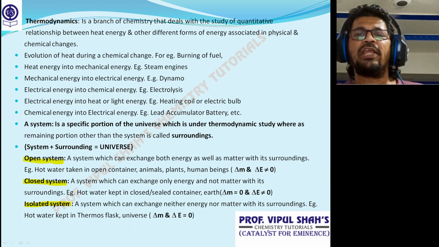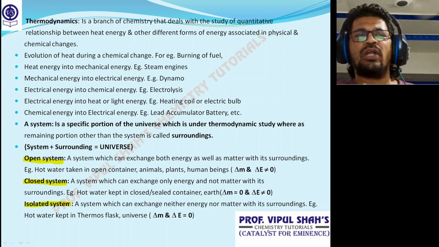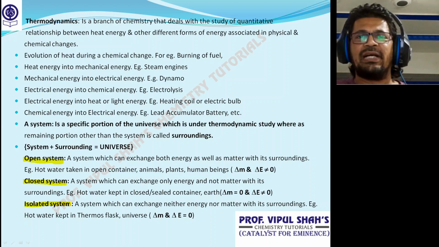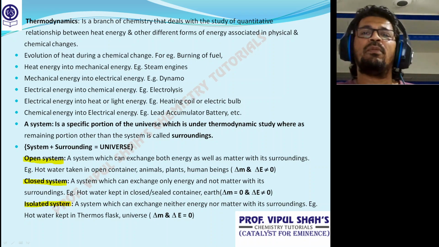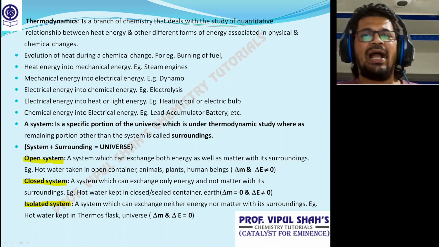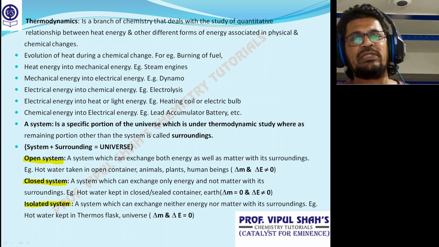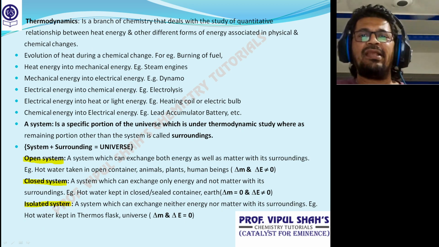Depending on the insulation, 2 hours, 4 hours, or maybe 8 hours, that coffee will remain hot, but eventually after a stipulated time it will come down to room temperature. So depending on the boundary, three types of system: open, closed, and isolated.